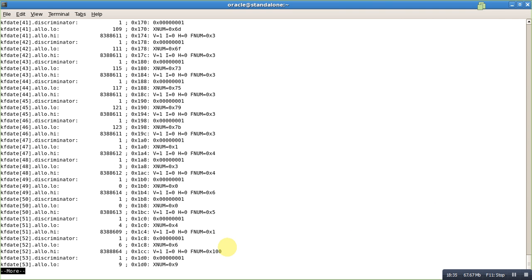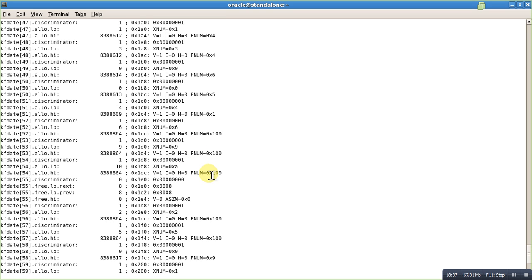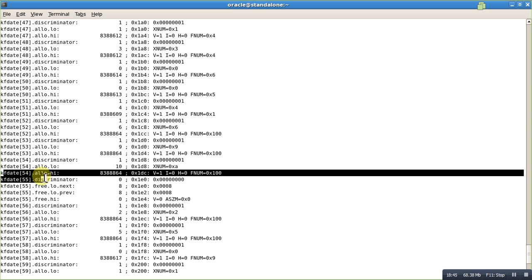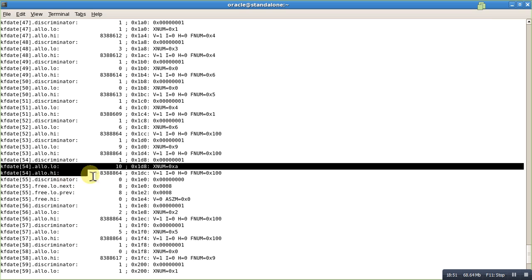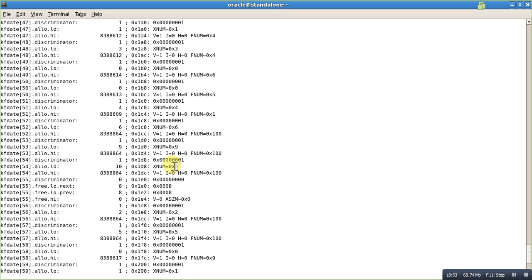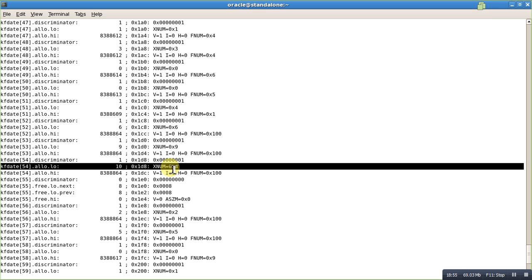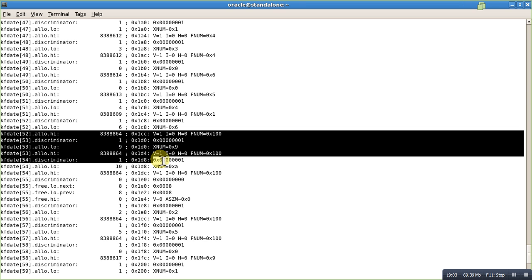I said fnum, this is the hexadecimal value. When I converted this into a decimal value, I got the value as 256. So this allocation unit 54 has been assigned to the file 256, and the extent number is given as this is the one from allocation unit 52.